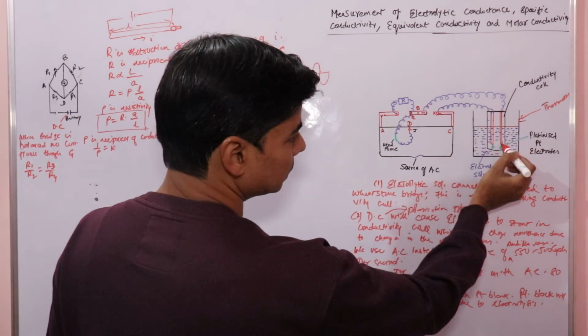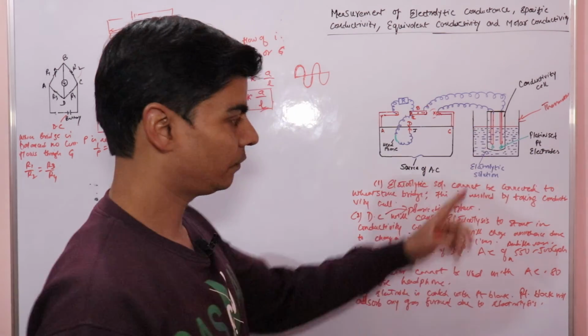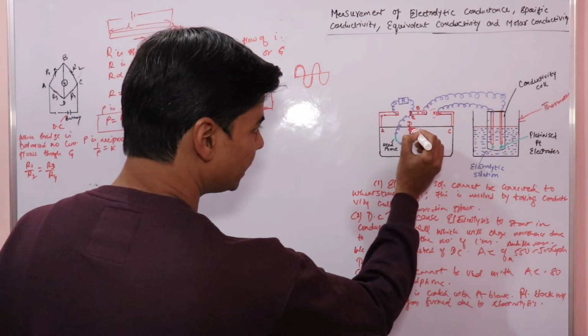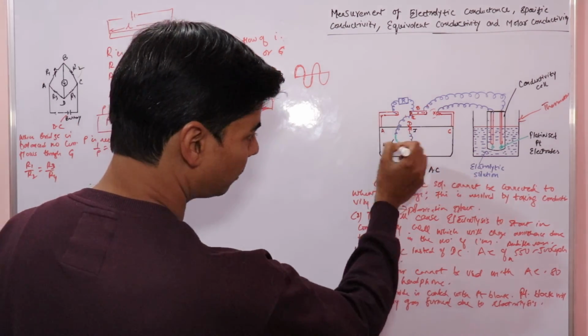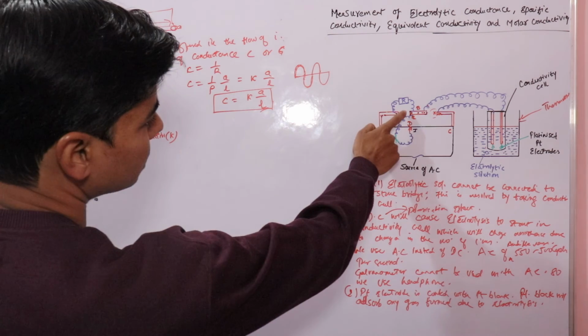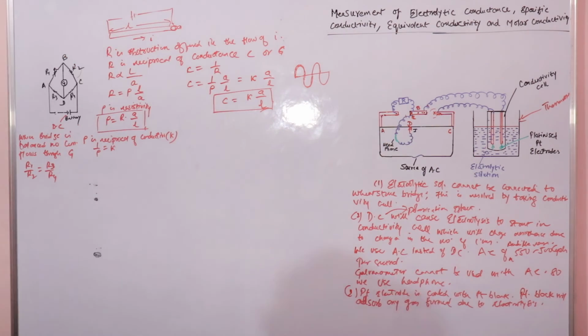So X is the resistance of this electrolyte, and we have to find X. Say I move the jockey to point D, and here it is a null point. So at the null point, resistance R upon resistance X is equal to AD upon DC.